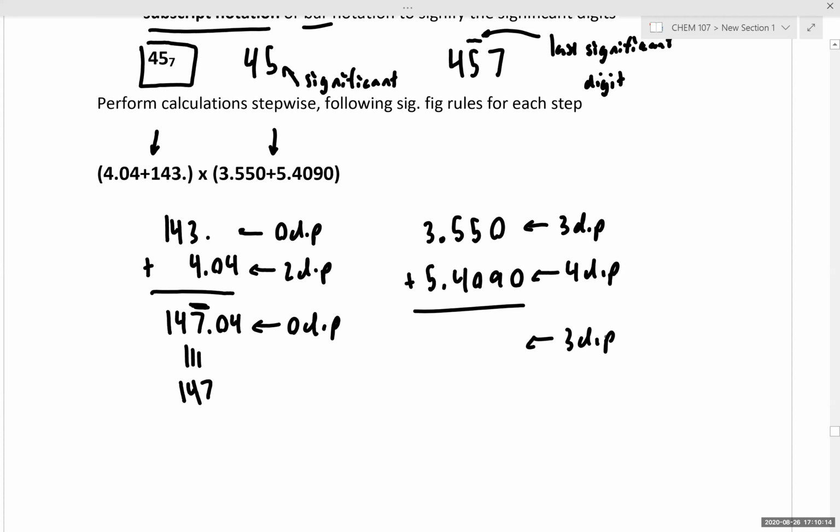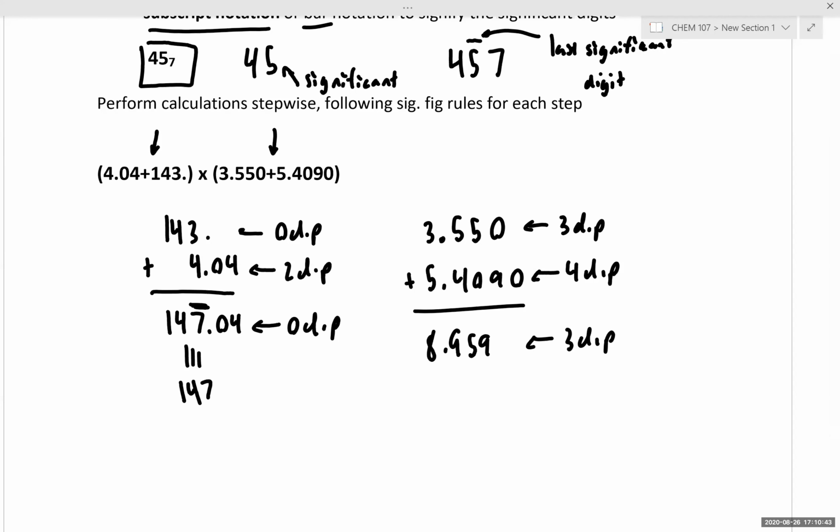Punching this into our calculator, 3.550 plus 5.4090 gives us 8.9590, which we round to 3 decimal places, giving us 8.959. We don't have to use bar notation because the 0 does not affect our calculations if it's a trailing 0.